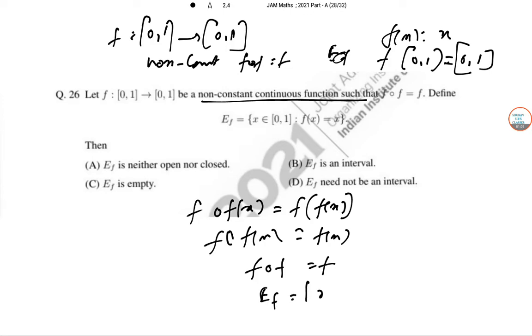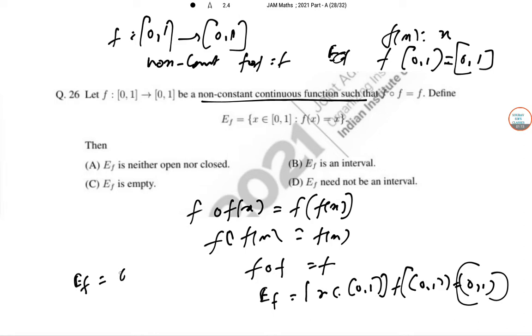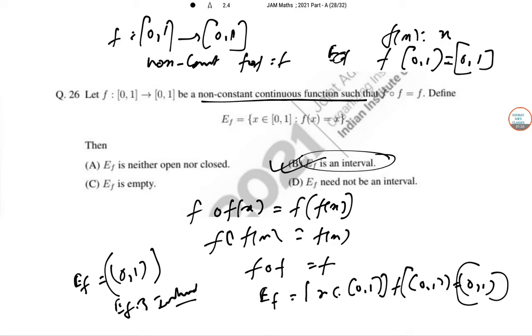So this can be written as f of [0,1], and that is equal to [0,1]. So E(f) is actually an interval. B is the correct answer.